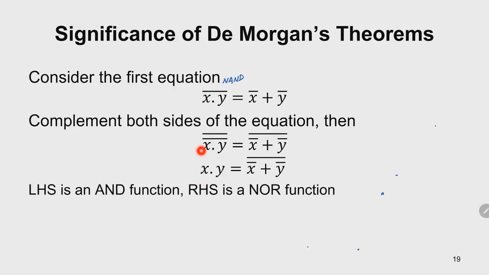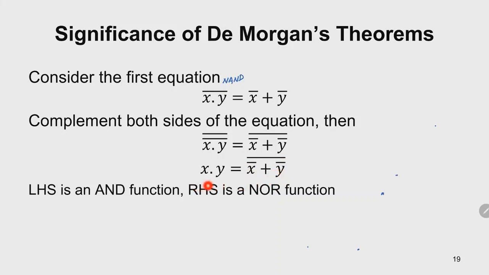So it became x and y on the left, and on the right x, or the complement of x NOR the complement of y.